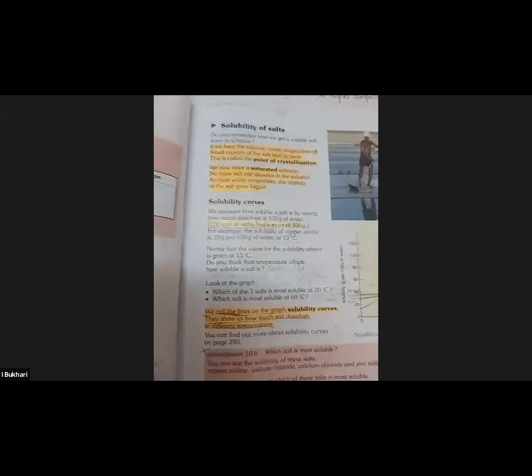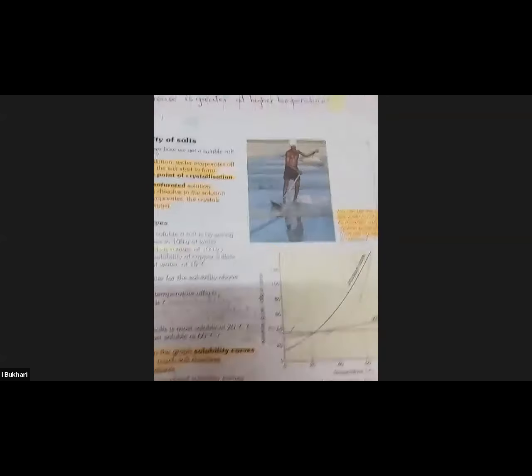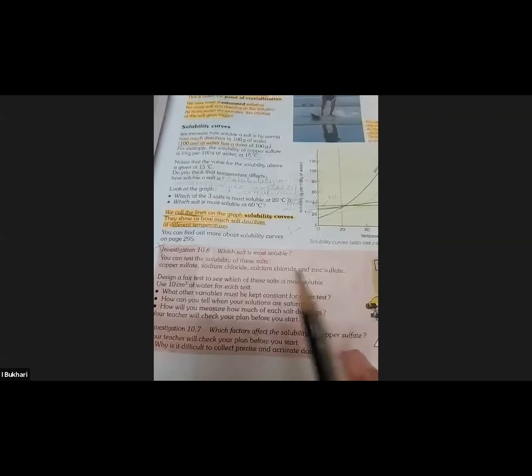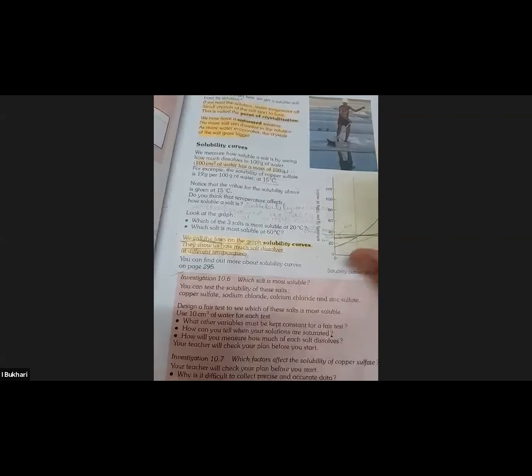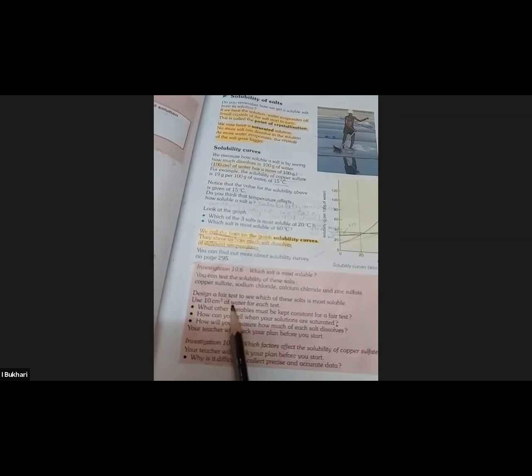See, I'll tell you. Okay, now listen to my idea. This was my idea. I will take all of these salts, and then I will take 4 beakers of water exactly.